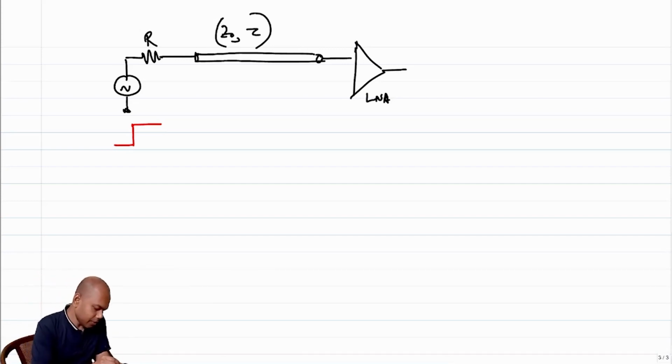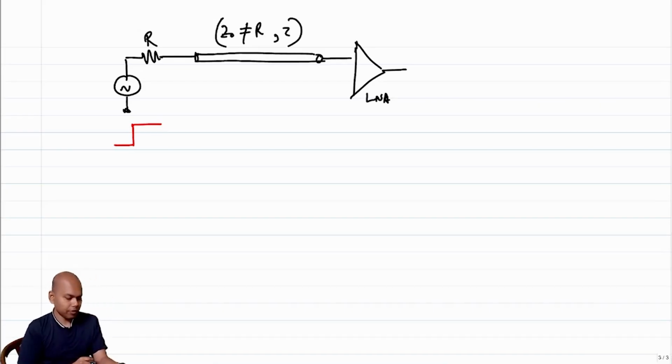And further I assume that Z naught is not equal to R, and there is a time delay tau associated with the wavefront moving.